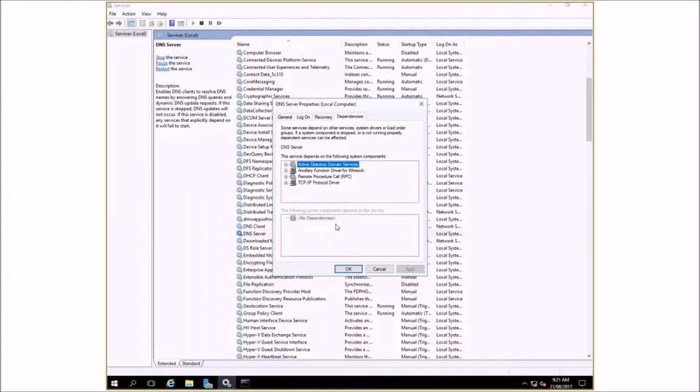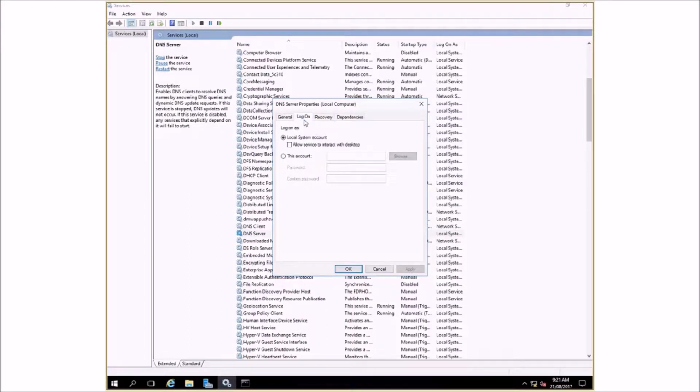There's a couple of other tabs as well. Let's look at the Logon tab. When a service runs on your computer, it needs to have some sort of privilege. What does that mean? It means it needs to have the permissions to run on your system, to access your file system, and to do things on your computer.